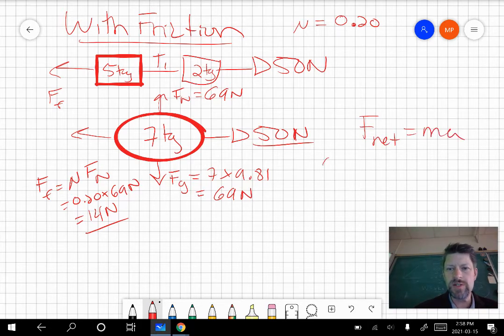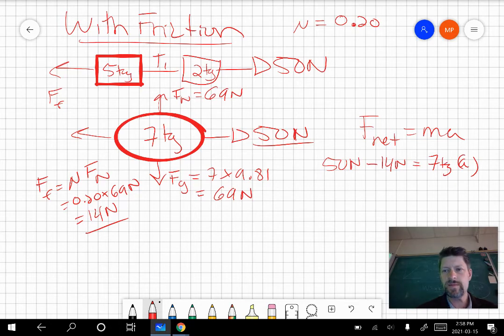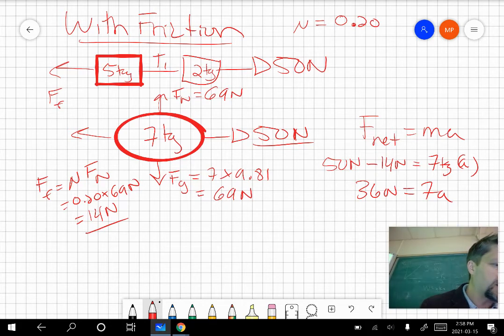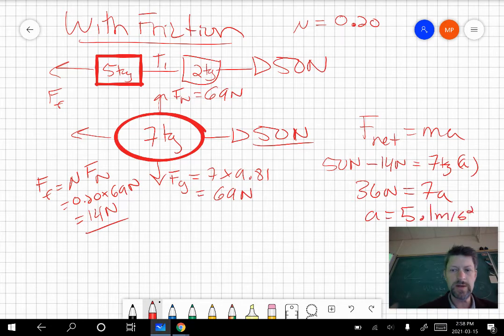The net force is 50 newtons forwards minus 14 newtons backwards, equals 7 kilograms times the acceleration. So 50 minus 14 is equal to 36. So I put 36 newtons here, equals 7a. 36 divided by 7 is equal to 5.1. So the acceleration equals 5.1 meters per second squared. So that's the acceleration of our system.